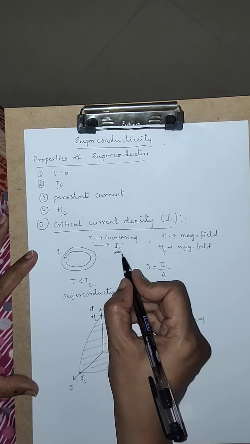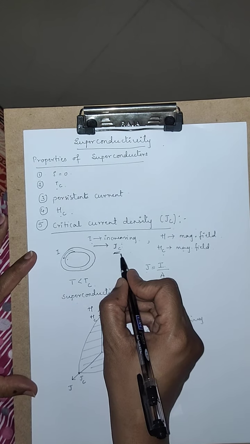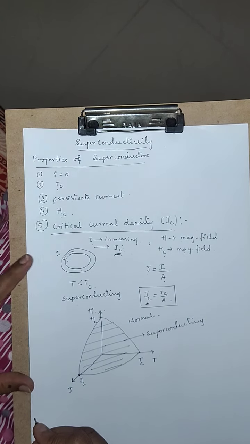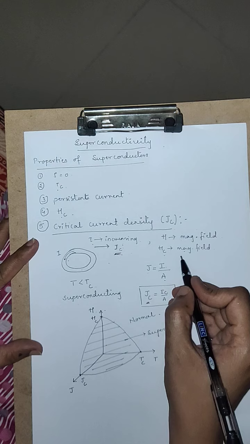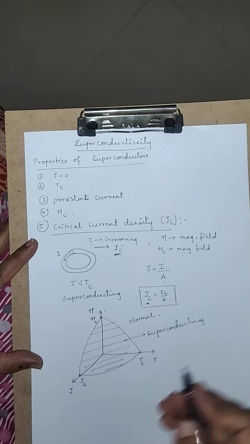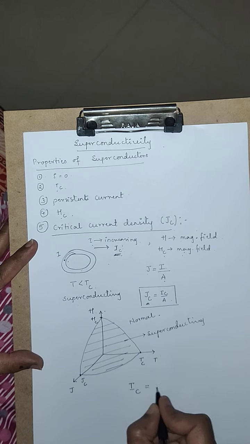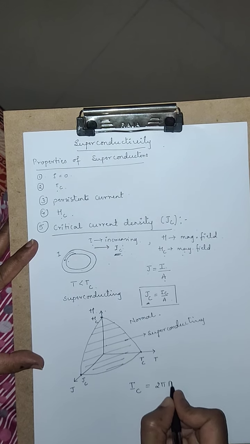Okay, this critical current which is flowing through your superconducting ring is related to the critical magnetic field with a formula given as IC is equal to 2 pi R into HC.